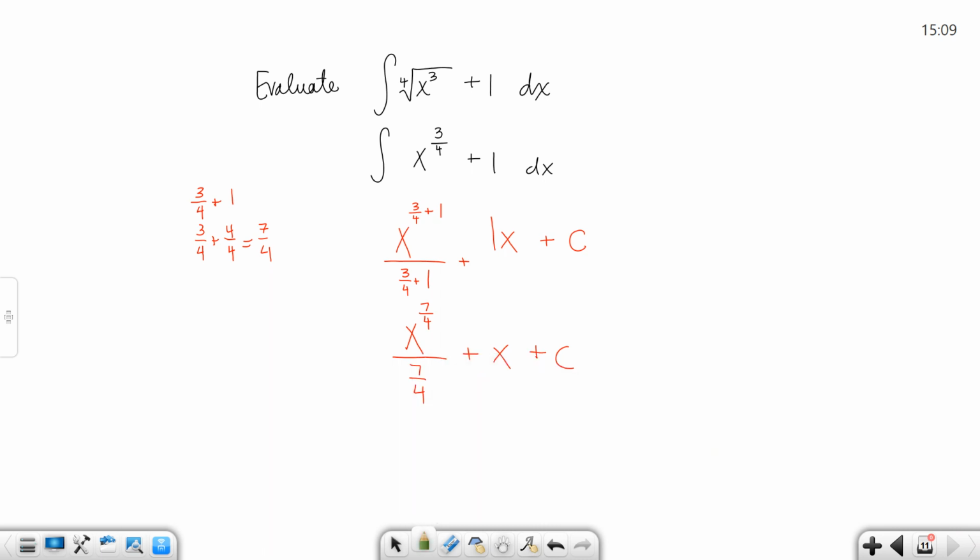Now remember, the rule tells you when you're dividing by a fraction, that's like dividing by 7/4. That's the same thing as multiplying by the reciprocal. So we're going to say 4/7 x to the 7 over 4 plus x plus c. Now remember, you can always check these by taking the derivative of it.